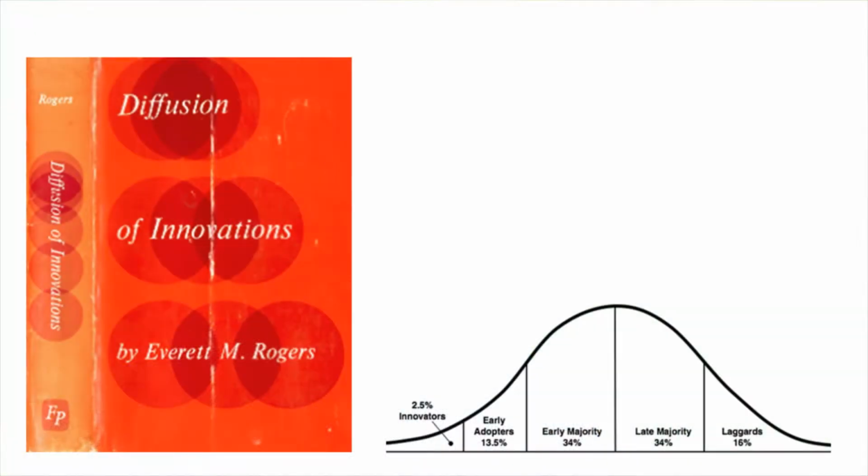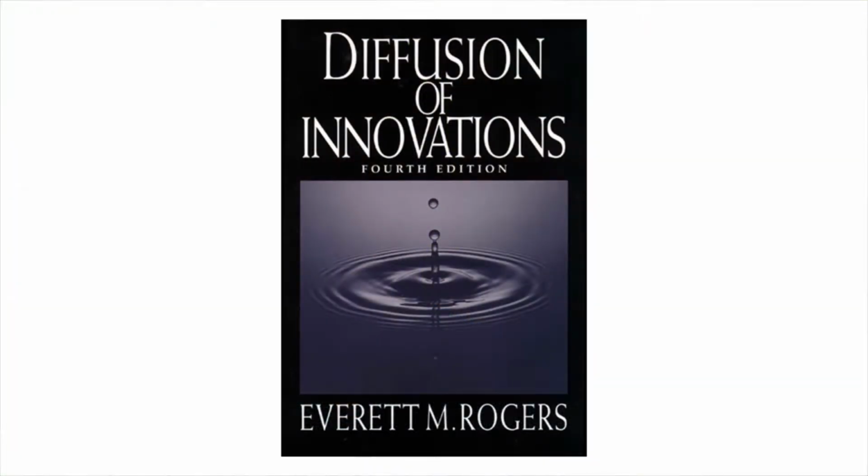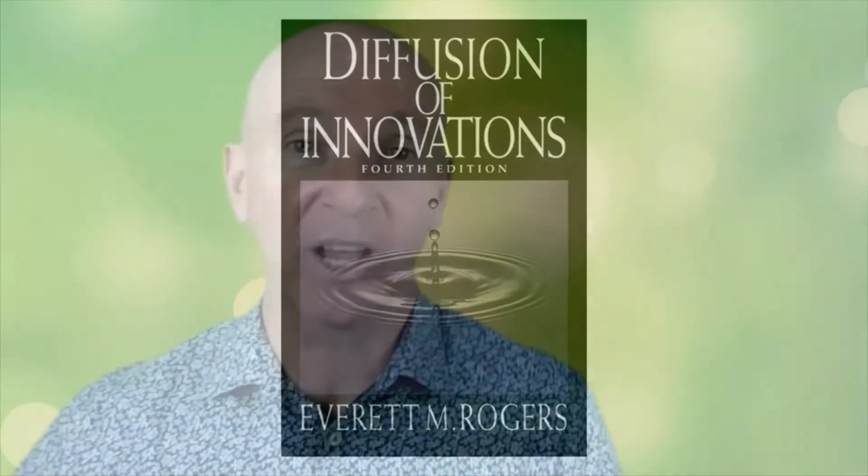It all started with the transfer of technology approach and the categories of adopters, popularised by the 1962 book by Everett Rogers, Diffusion of Innovations. Denise, I find it interesting how the cover art has changed with each edition. The fourth edition depicts the ripples emanating from a drop of water, which I quite like.